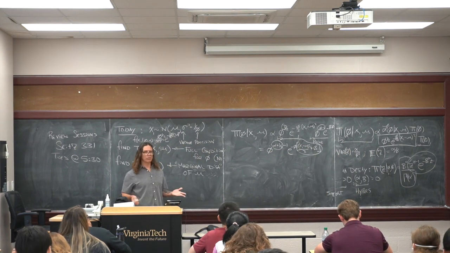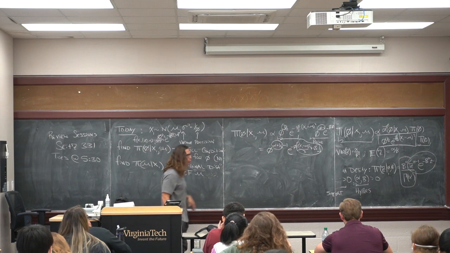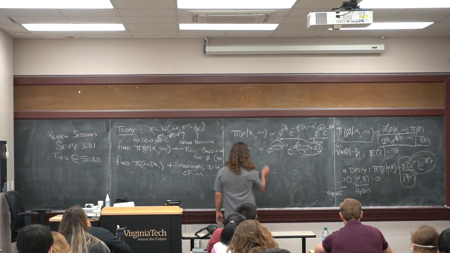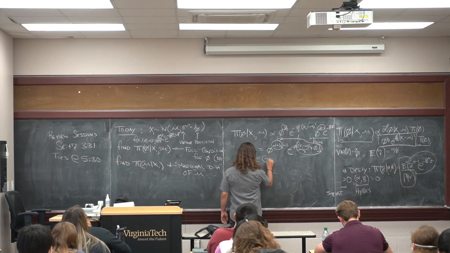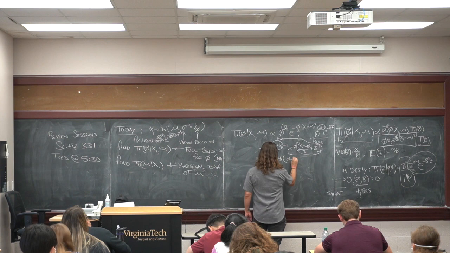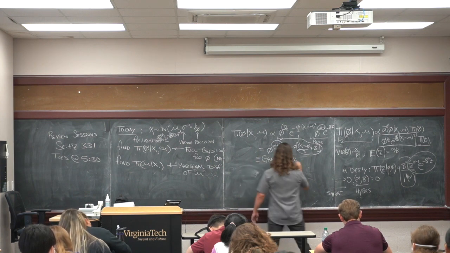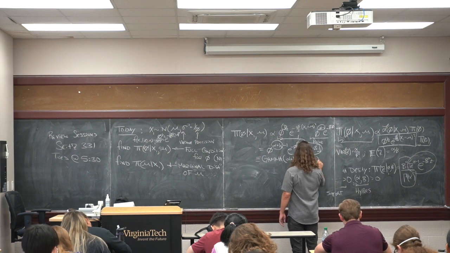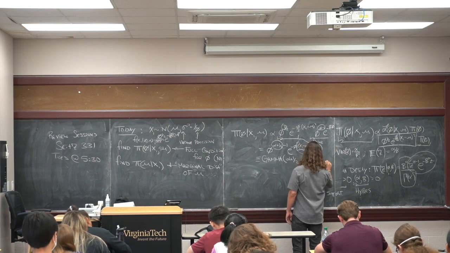These are all things you just need to know. It'll keep you from trying to solve integrals that you really can't solve. So this is a gamma with parameters alpha plus 1/2 and x1 minus mu squared over 2 plus beta.